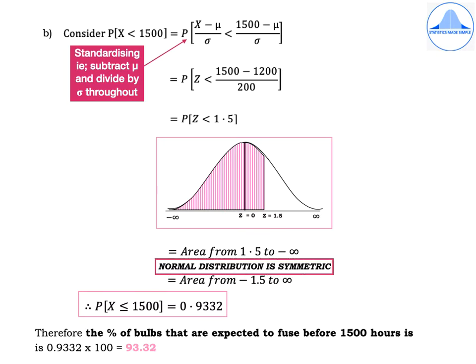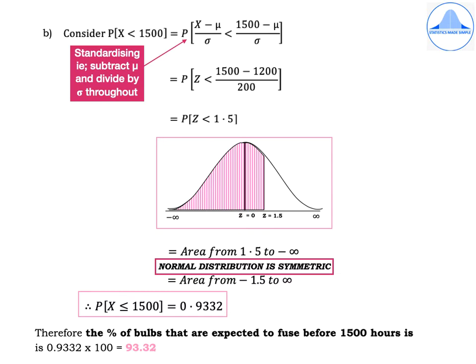In the second subdivision, we need to find out the percentage of bulbs which are expected to fuse before 1500 hours of service. Before 1500 means it is less than 1500. So start with considering probability of capital X less than 1500, and because now it is in terms of X, you have to standardize. In other words, subtract mu and divide by sigma throughout the expression.